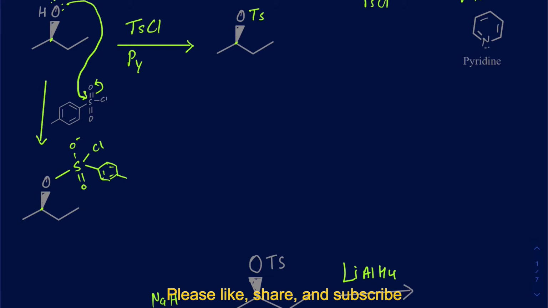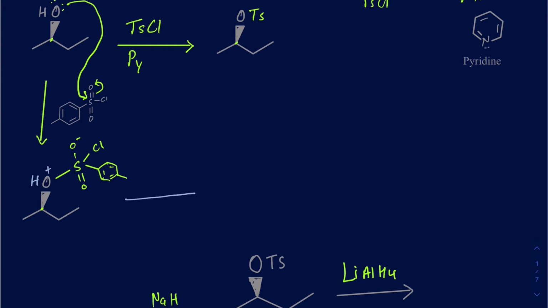So I'm going to go ahead and change the color so that you can see it better. And this oxygen is going to get a positive charge. Now, the next step, this electron pair that's on the oxygen is going to come back, and when it comes back, it's going to knock out this chloride, which is your leaving group there.